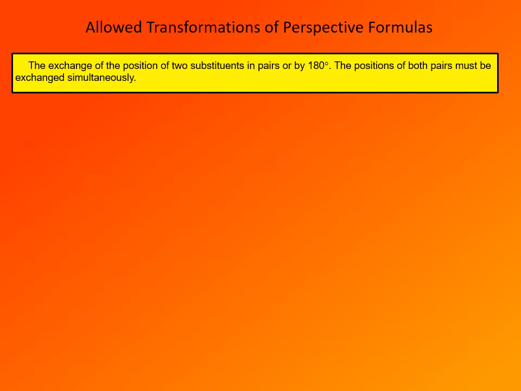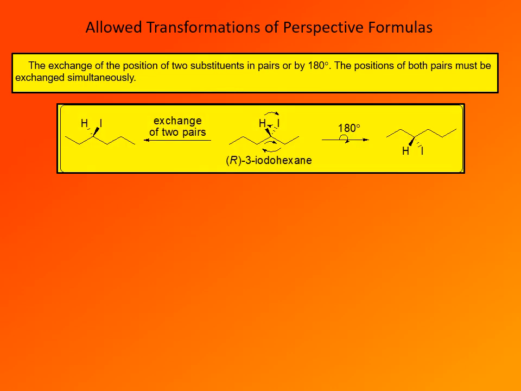So we are allowed to exchange positions of two substituents in pairs or rotation by 180 degrees. Of course, both pairs must be exchanged simultaneously. So again, we have a formula in the middle, R-3-iodohexane, and exchange of two pairs as indicated by arrows results in formula on the left. It's the same enantiomer. And rotation by 180, again, same enantiomer.